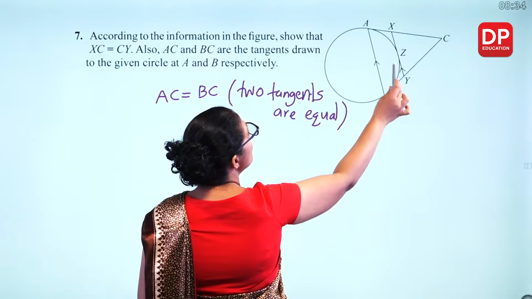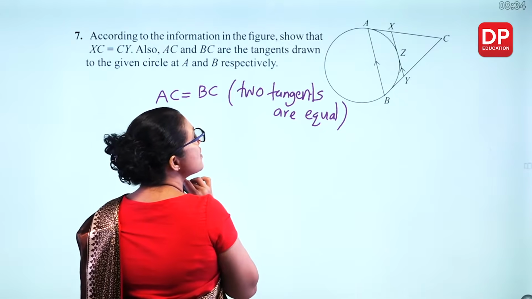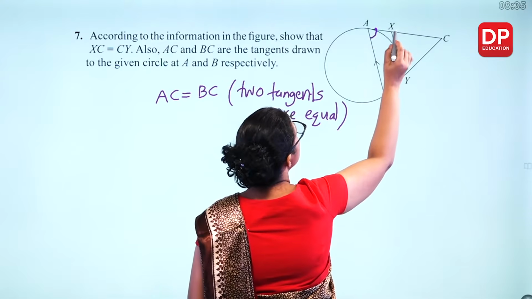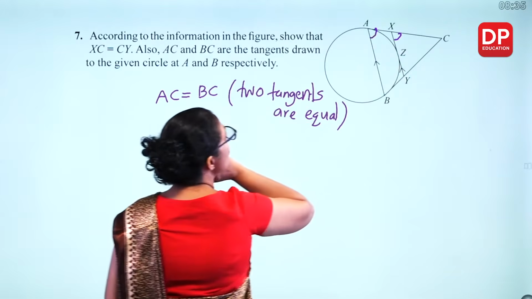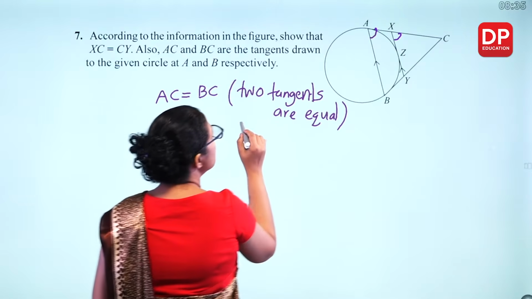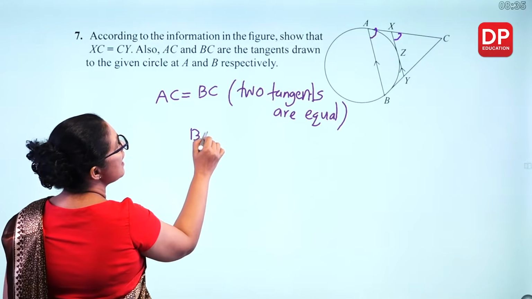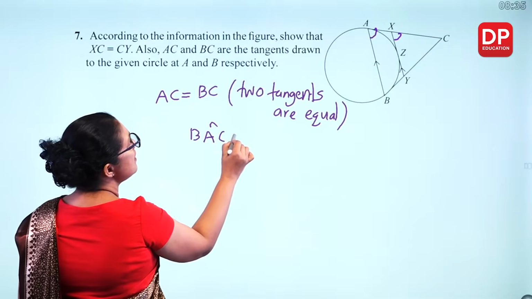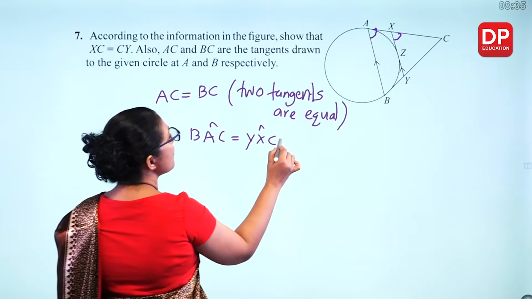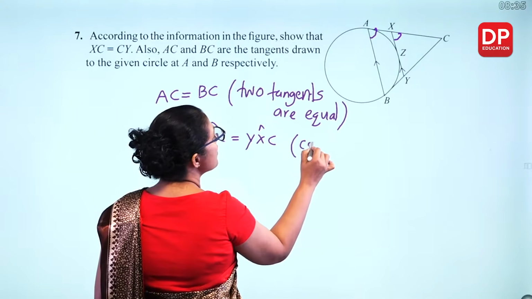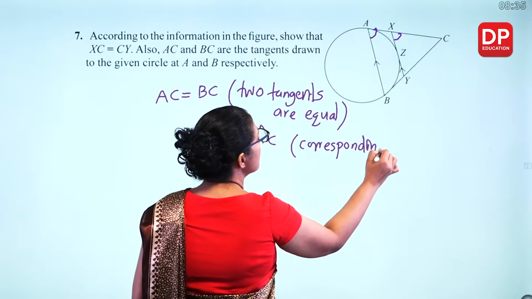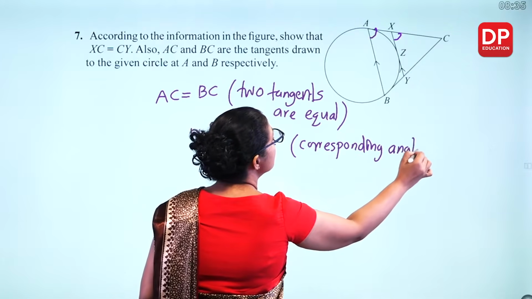These two sides are parallel. That means this angle is equal to this angle. We'll write BAC angle is equal to YXC angle because of corresponding angles.